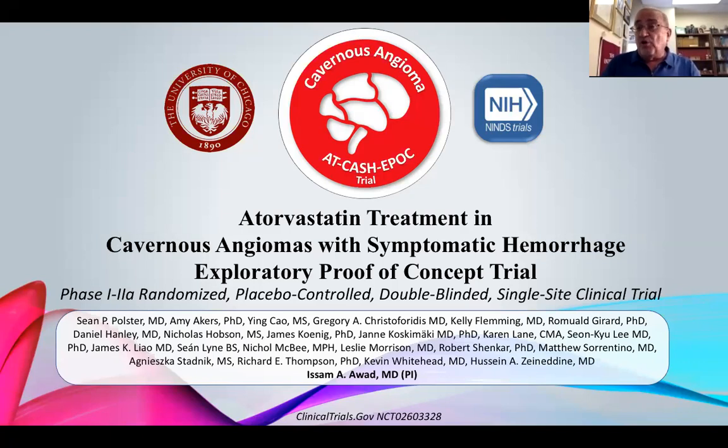This is something we all have been dreaming about, patients have been asking for, and I will explain to you in the next few minutes why we chose atorvastatin and why this drug will be the first to be tested in a proof of concept trial.